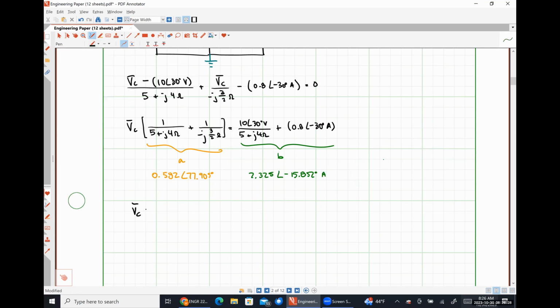And VC is just going to be what I have stored in my calculator as B divided by what I have stored in my calculator as A.